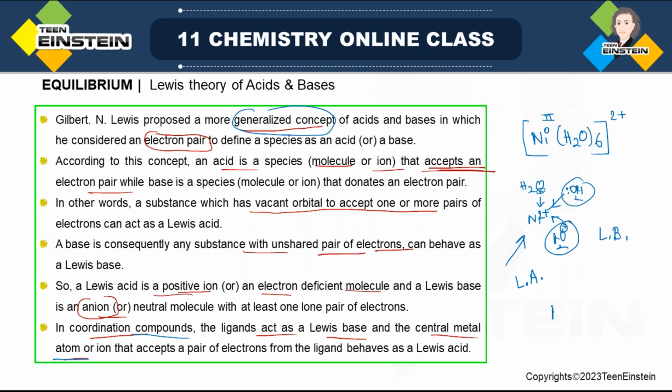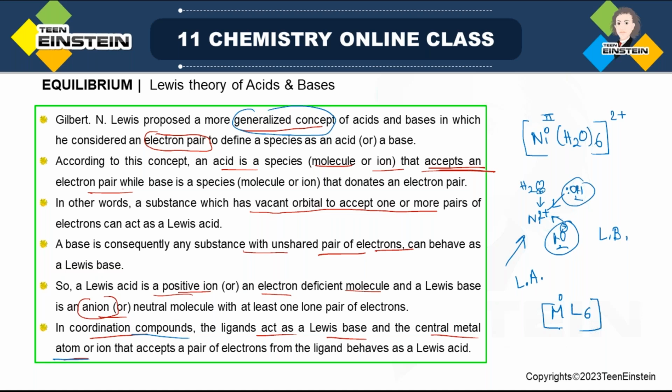So suppose I am writing here any metal M which is already having a 0 charge, and with it there are some ligands, that is L6. So this metal may be carrying some positive charge 2+, 3+, or it may be 0 also. Here I have written L for ligands in general, and M is the metal.